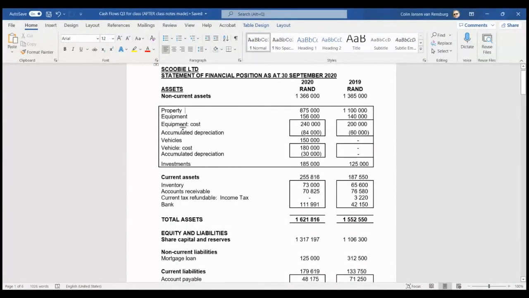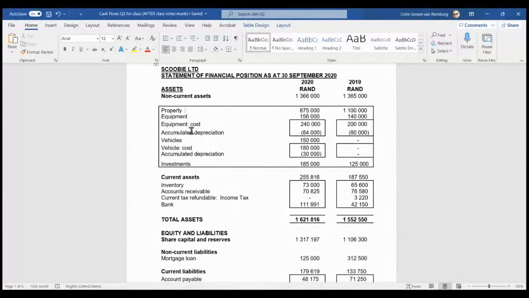Then we have a look at our equipment. We are going to have to reconstruct these accounts a little bit later on, but let us just see what information we have. At least in this question, they give us the cost and the accumulated depreciation separately. If it was only the carrying amount, then we would have had to reconstruct these accounts now.